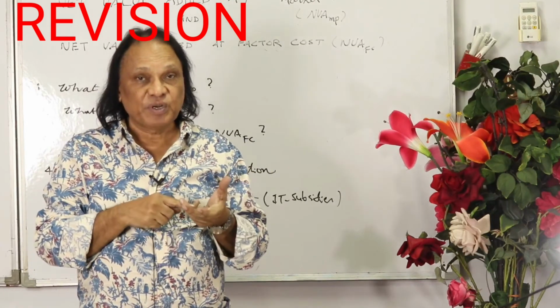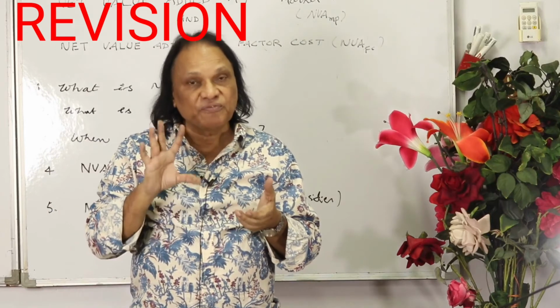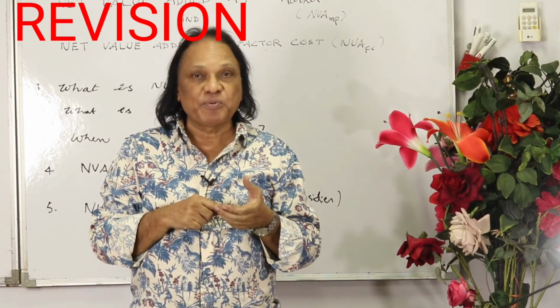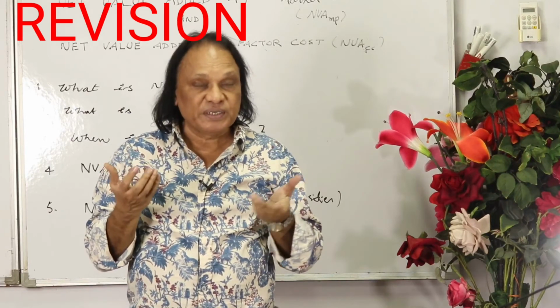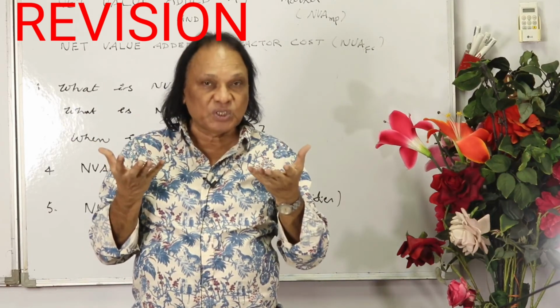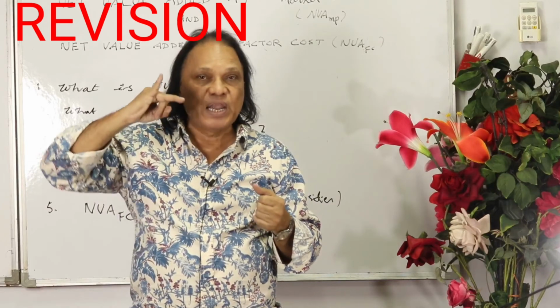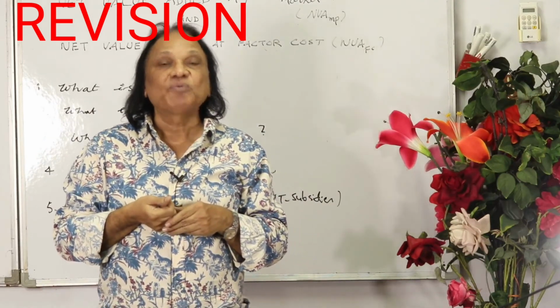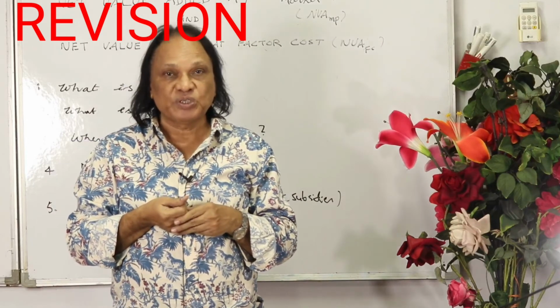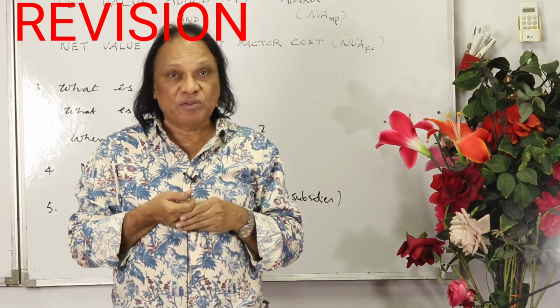So the final revision will be, again I repeat. To produce a commodity, the firm has to take the services of the four factors of production: land, labor, capital, entrepreneurship, and other secondary inputs like raw materials. With the help of these inputs, the firm produces the output, which we call gross value of output.